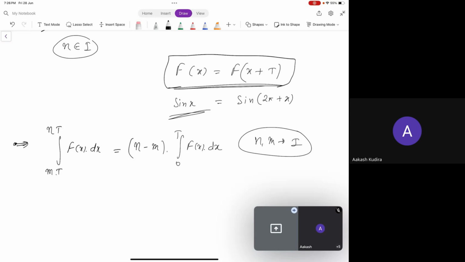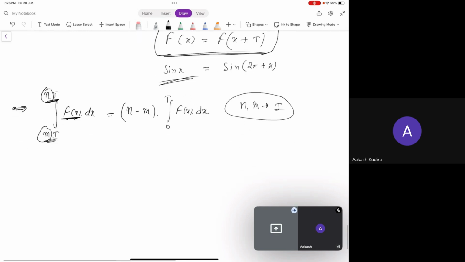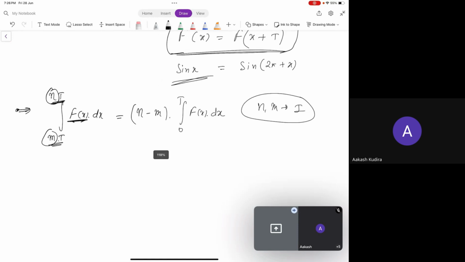How to apply this property: if you find this kind of form with m t and n t, where t is the time period of the function, simply subtract, n minus m, into the integral from 0 to t of f(x) dx. Remembering this property is a very simple thing. When we do the questions, you will see the application.